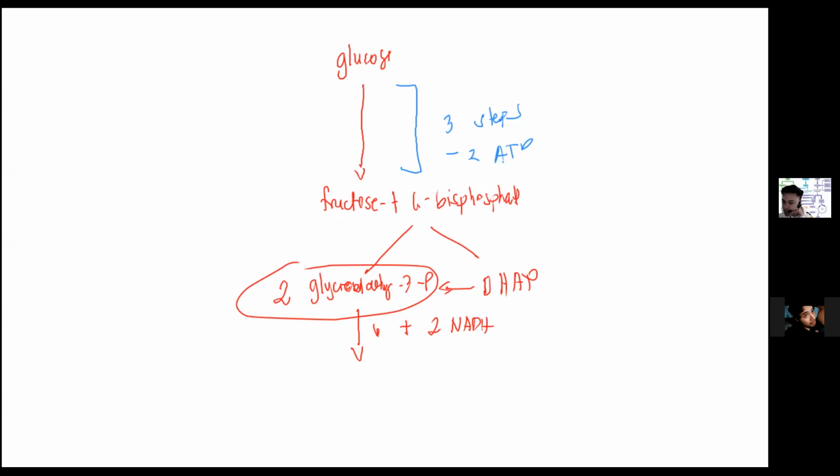At step 7, you produce 2 ATP as well, and at step 10, you produce 2 ATP. At the end of these steps, you produce 2 pyruvate.